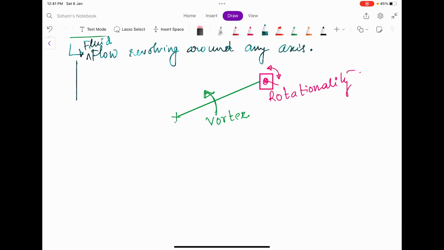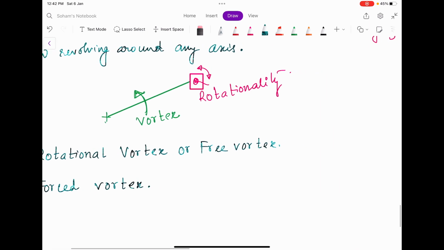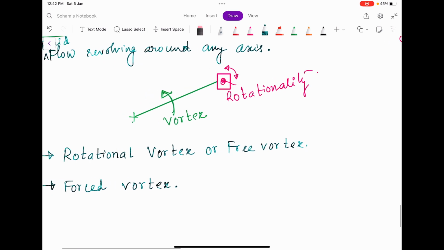So readily then I have seen that vortex flows can be of two types: rotational vortex, another name for which is the forced vortex, and free vortex or irrotational vortex.